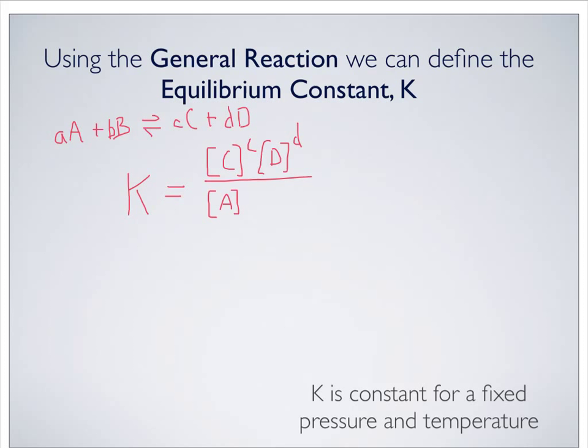So this is not by the products, by the reactants. So this is A to the lowercase a, B to the lowercase b. And by definition, that's going to be the equilibrium constant. And this is going to be a constant for fixed temperatures and pressures.